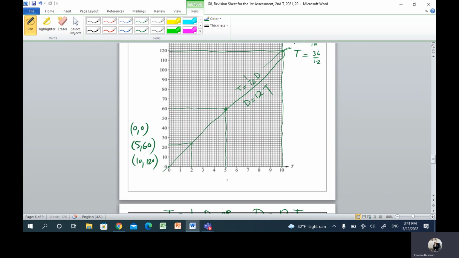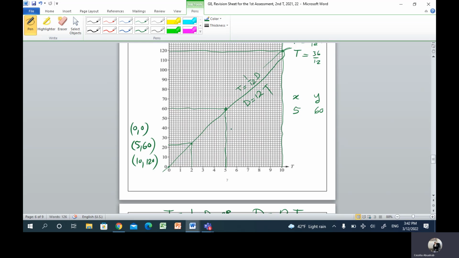For example, you got the 5 here. You're going to say as follows: if this is x and this is my y, if x is 5 and y is 60, how did the 5 become 60? I must multiply the 5 by a number to get the 60, or I must divide the 60 by a number to get the 5, and that's how I create the formula.